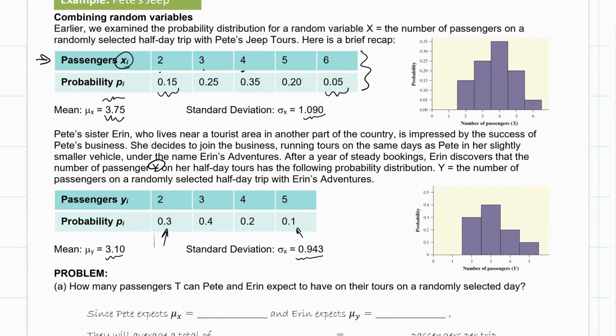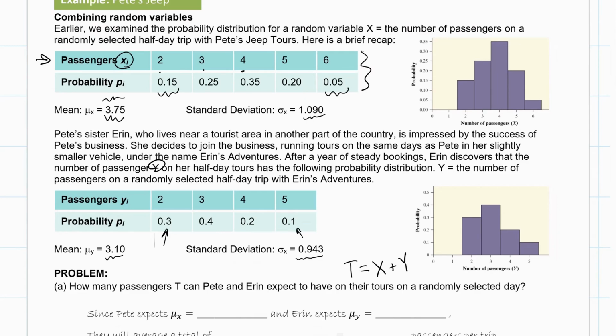what happens if we take Pete's number of passengers and add it to Erin's number of passengers and create a new random variable which we will call T. And I might say T is found by taking one sample of Pete and another sample of Erin and adding those two random variables together.